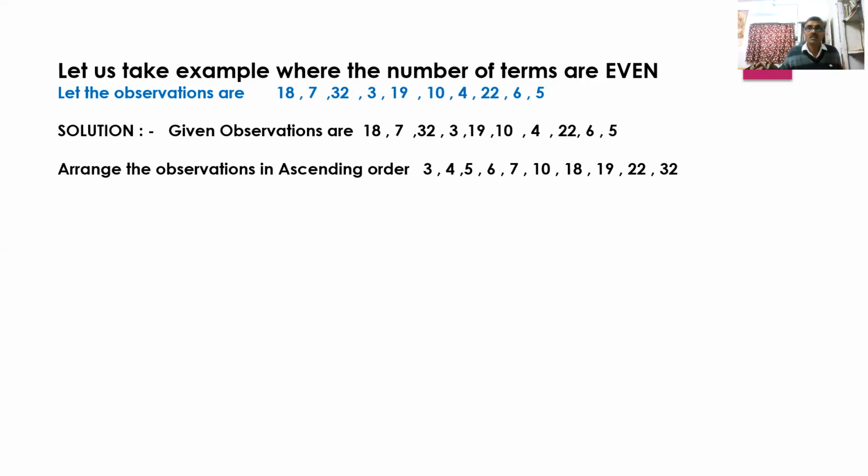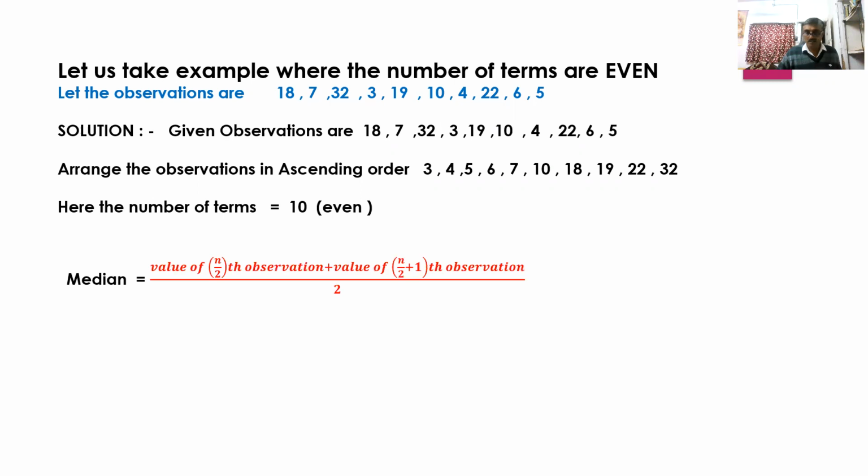Count them: 1, 2, 3, 4, 5, 6, 7, 8, 9, 10. So 10 terms are there. It means number of terms are even. That are 10.